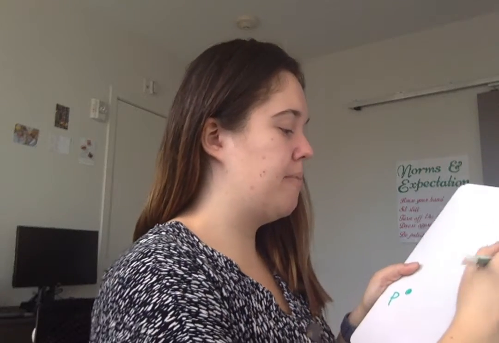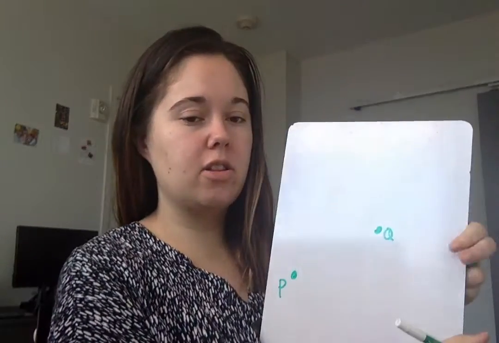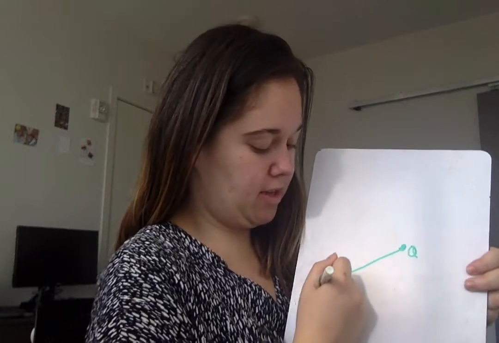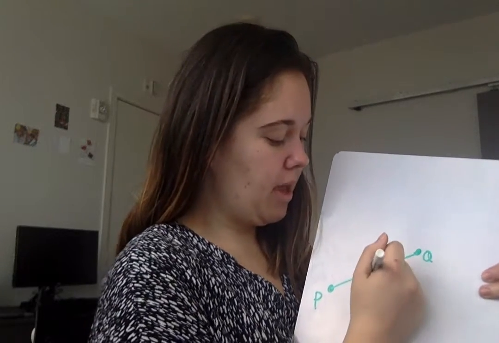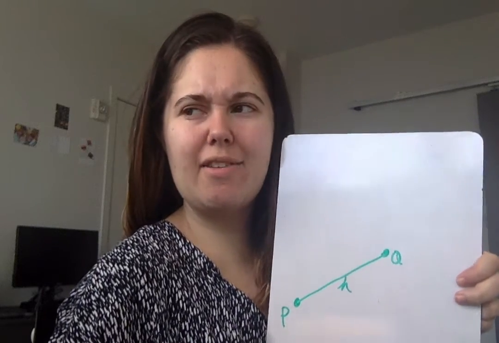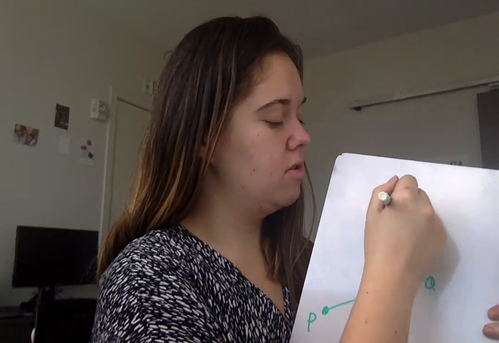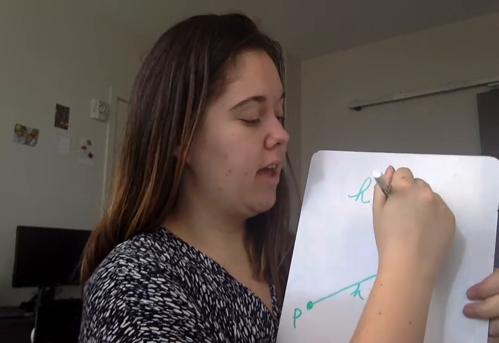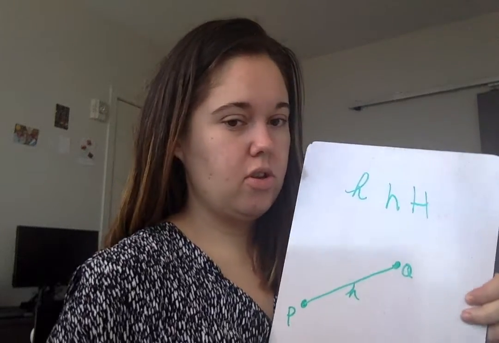You'll continue by using a straight edge. And the points that you're going to connect, so let's say I connect point P and point Q. It's not going to actually look like this, but let's say you've connected them using a straight edge. And it says to label it H. Notice it's kind of like a cursive H, not an H or an H. There's a difference.